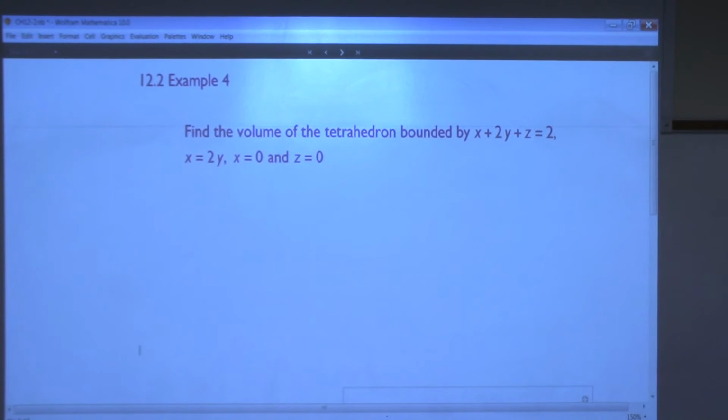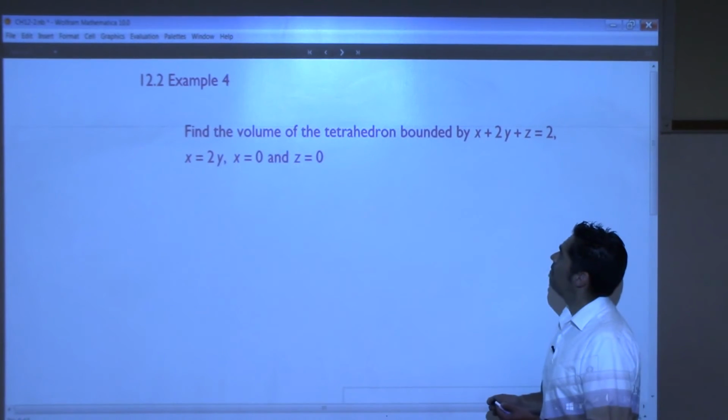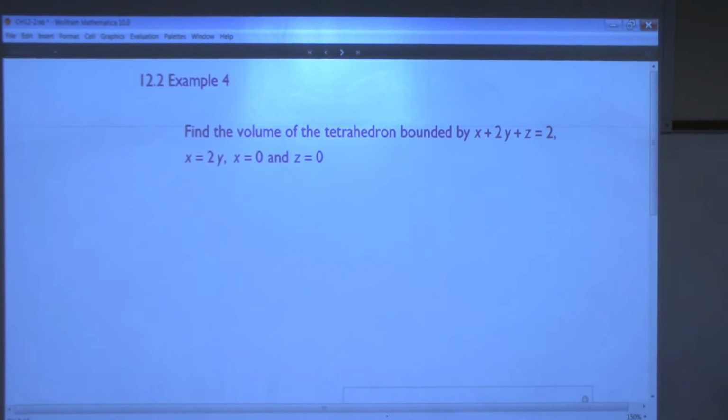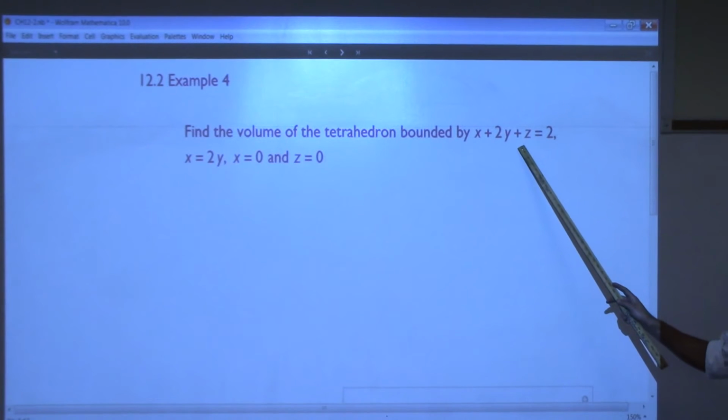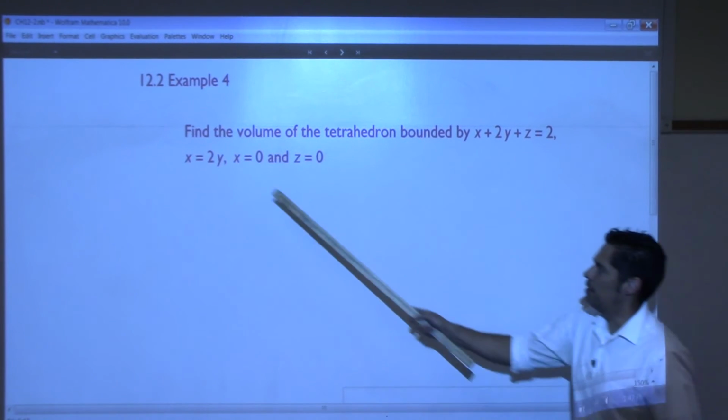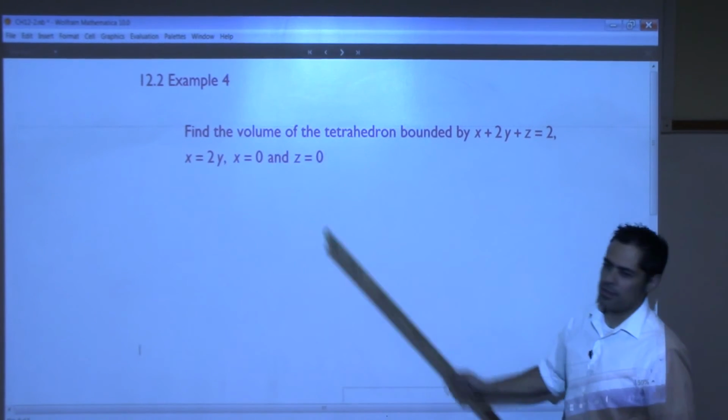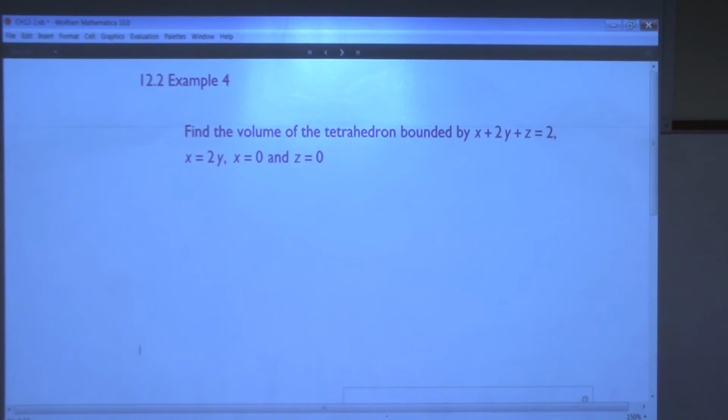Find the volume of the tetrahedron bounded by this, this, this, and this. All right, so what's a tetrahedron?